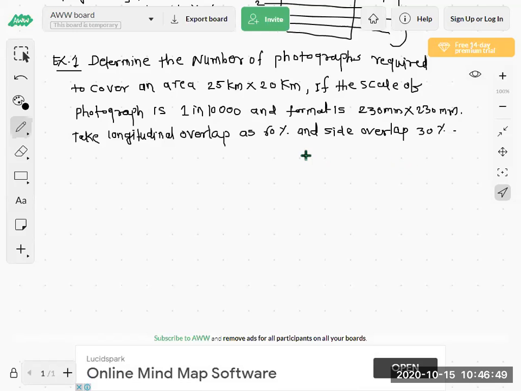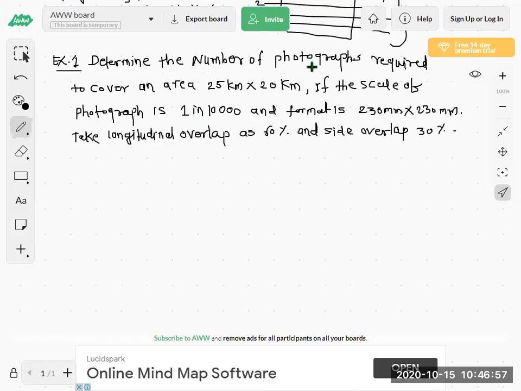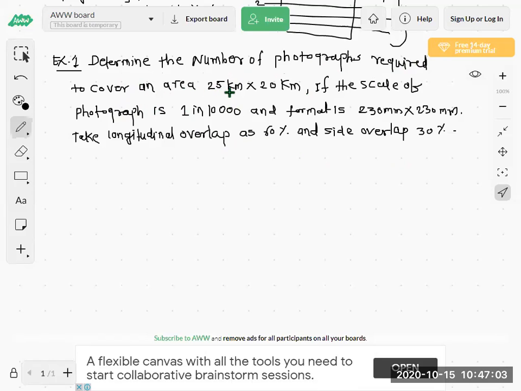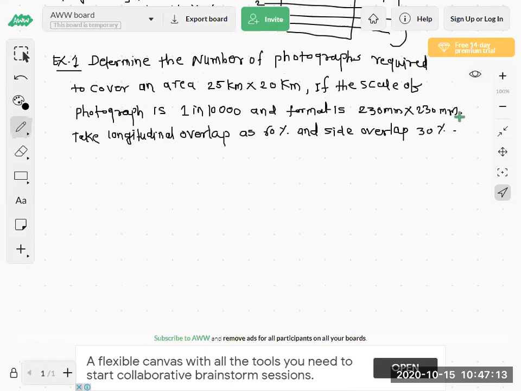See, this is our problem statement. What they have written? Please read. Determine the number of photographs required to cover an area 25 kilometer by 20 kilometer if the scale of photograph is 1 in 10,000 and format is 230 by 230.